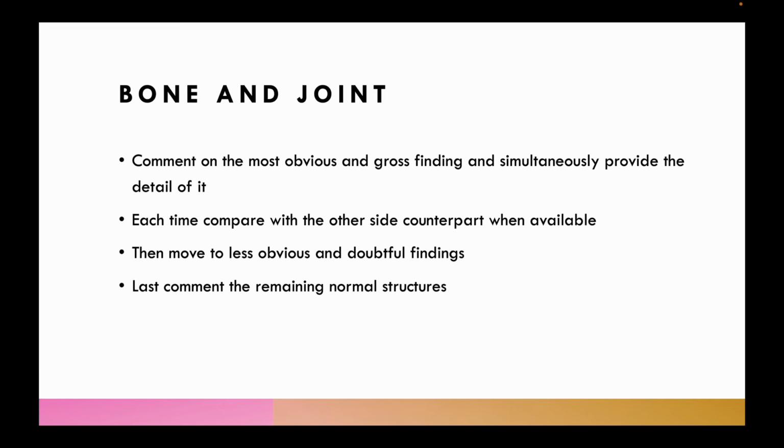Then coming to the B part, that is bone and joint. Here we have to comment on the most obvious and gross finding which is visualized on the radiograph, and we have to simultaneously provide the details of each gross finding, and every time you have to compare with the opposite side to make the understanding of the pathology better.